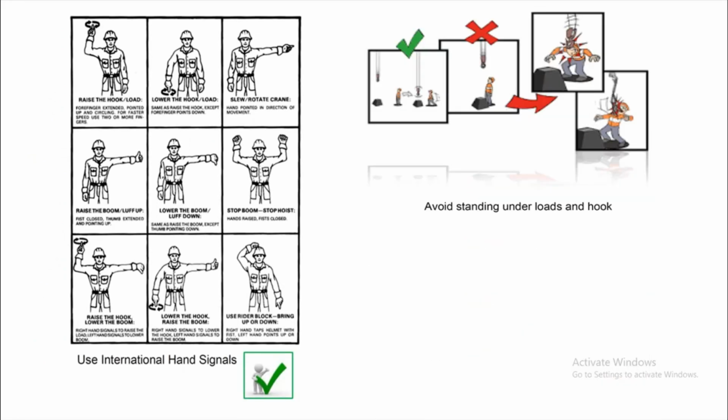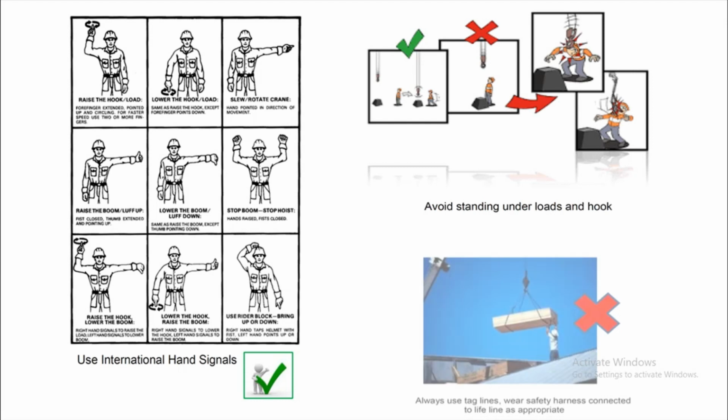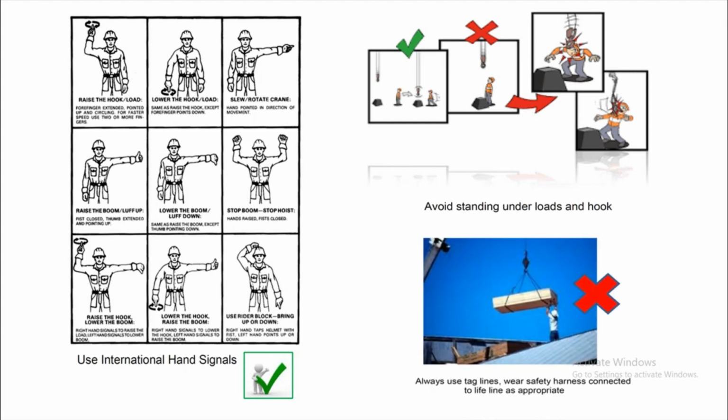So here are some international hand signals. If you see raise the hook, the rigger is rotating his pointing finger upward, and if he wants to lower the load or the hook, he is rotating his finger pointing downward.